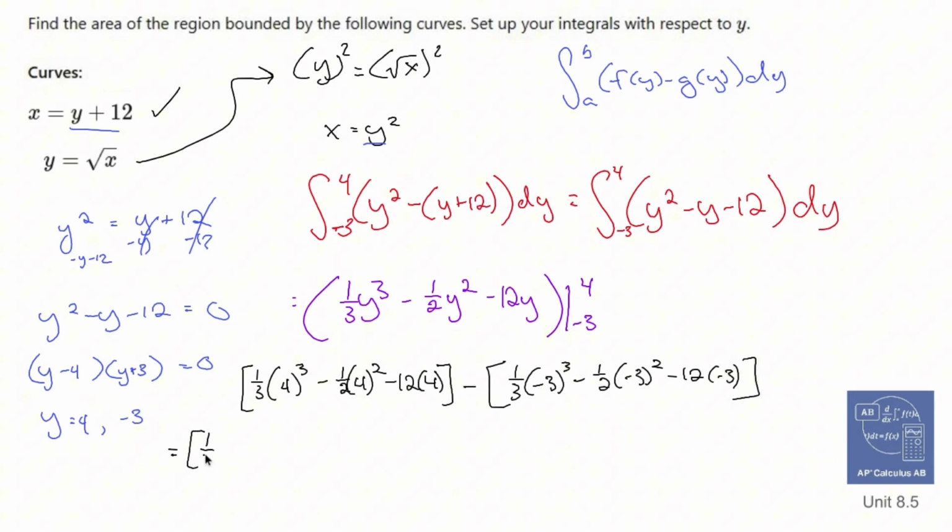All right, 1/3 times 64 minus 1/2 times 16 minus 48, minus 1/3 of negative 27 minus 1/2 of 9 plus 36.